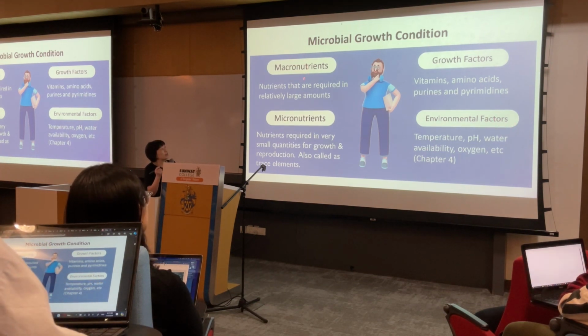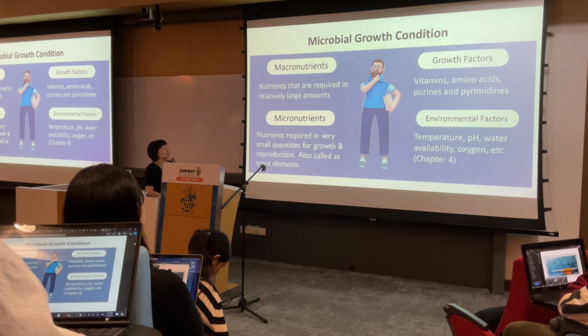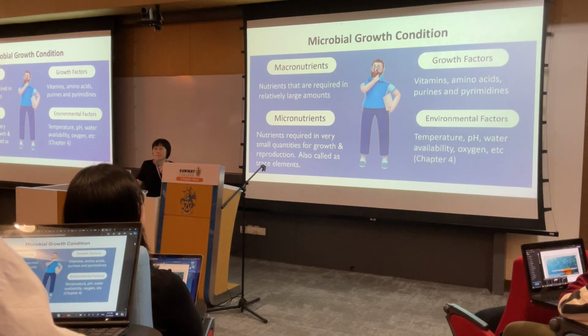Now today we have these 3, which all regard the nutrients present in the medium or in the environment, which support the growth of the bacteria. Macronutrient, micronutrient, growth factor. Macronutrient. Macro, what does it mean? Does it mean big size molecule?